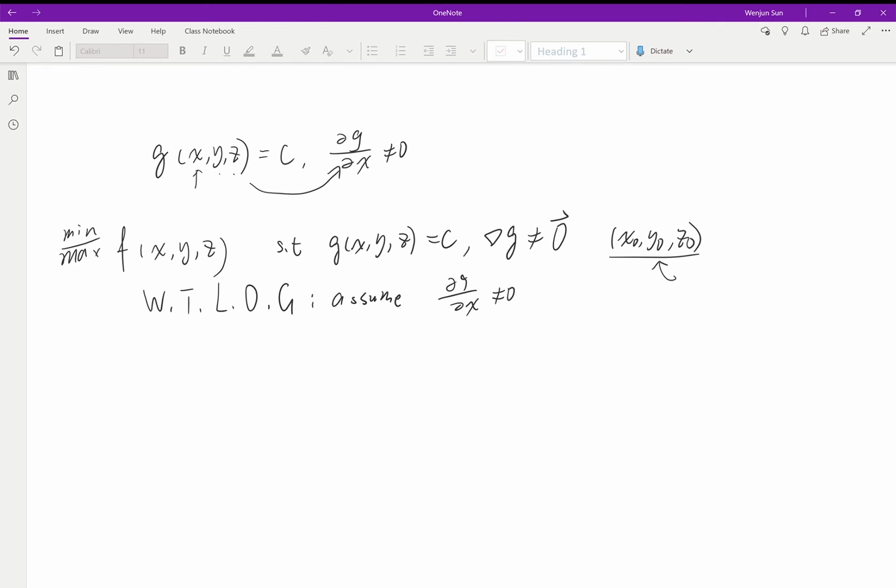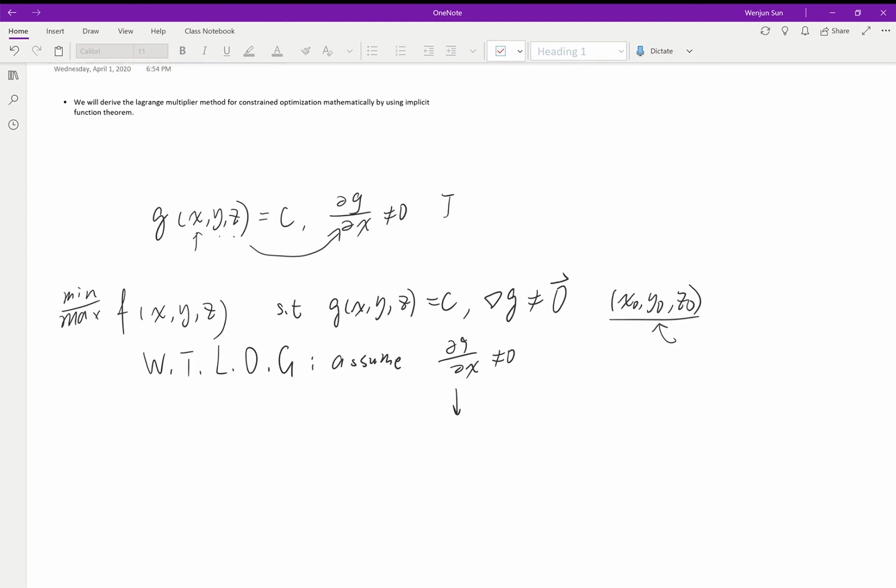Now this gives us the advantage to use the implicit function theorem here.